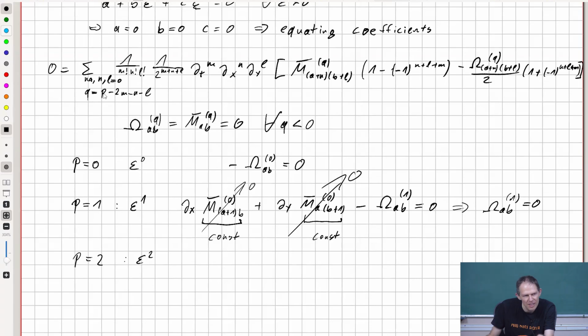But now p is equal to 2 and m can now be equal to 1, so q is equal to 0, which means in that case we would have dt m ab equal to 0, but we've just said that this is constant. So if it's constant and we take the time derivative, it will disappear. And it's gone again, dy ma.